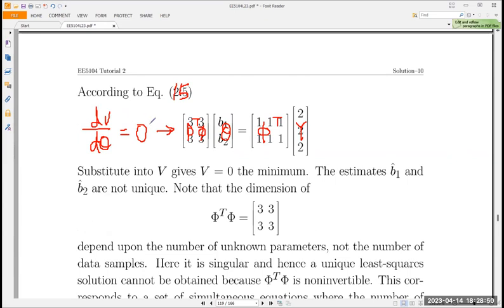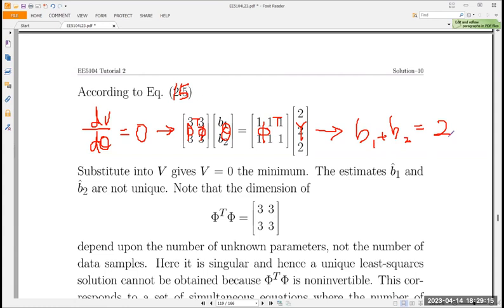And you look at this equation, you get equation 1 and equation 2 are exactly the same equation. Whether you solve equation 1 or equation 2, it gives you the same answer, B1 plus B2 equals 2. All right.